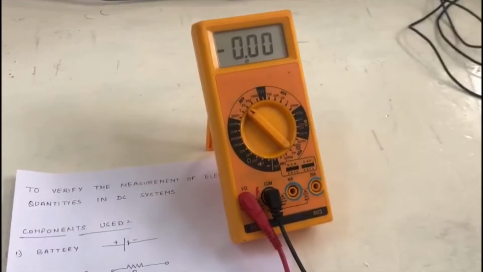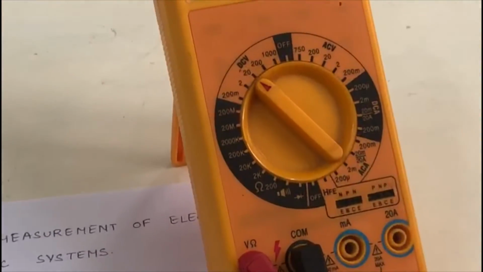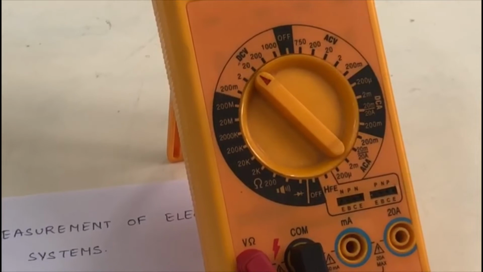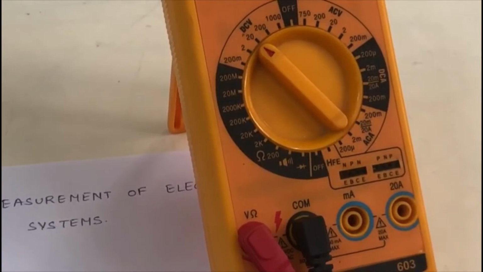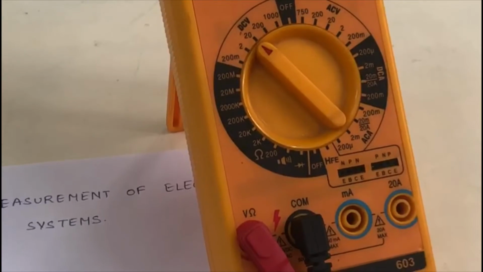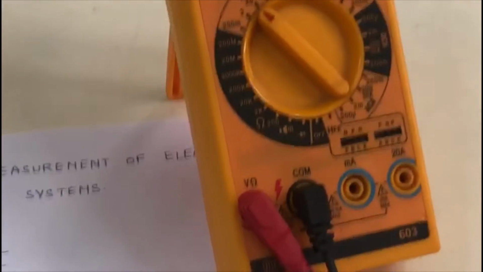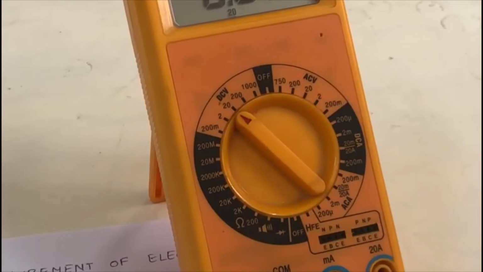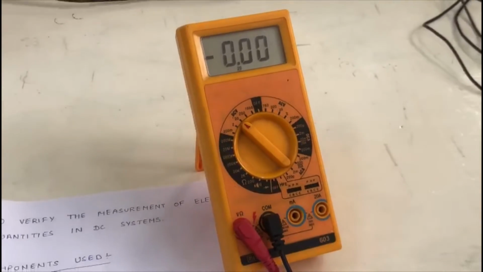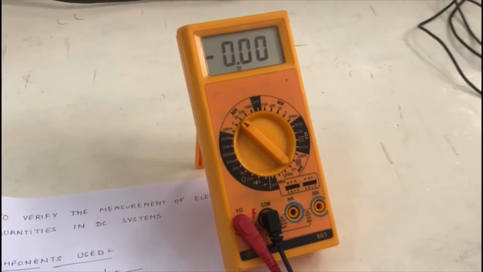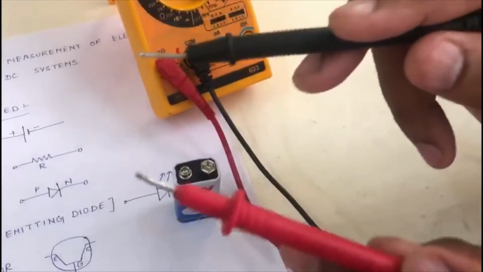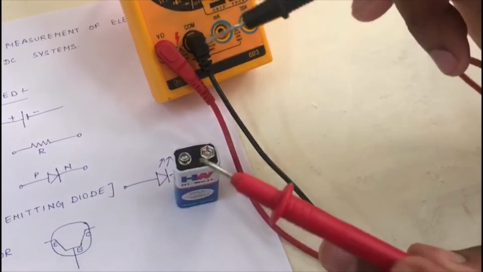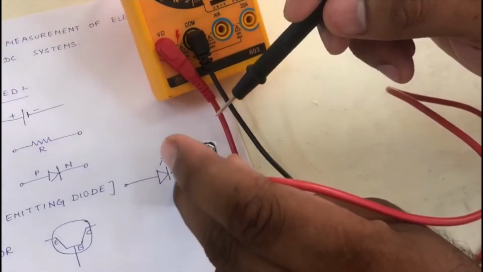We select the 20 volt range. Why are we taking 20 volt? Because the rating of our battery is 9 volt, so we cannot take a lower range. Here I will measure the value of our DC battery, keeping the two leads on it.